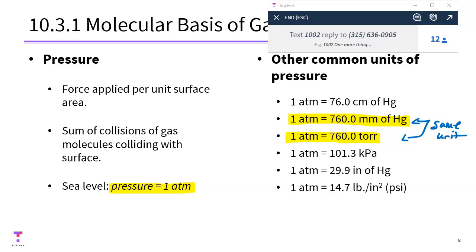Now, where might we see some of these other units? Pascals or kilopascals. This unit tends to be a physics unit. Why do we see that unit used in physics? Well, because that's the unit that's based on newtons and meters and kilograms and the standard scientific units. Why don't we use it?